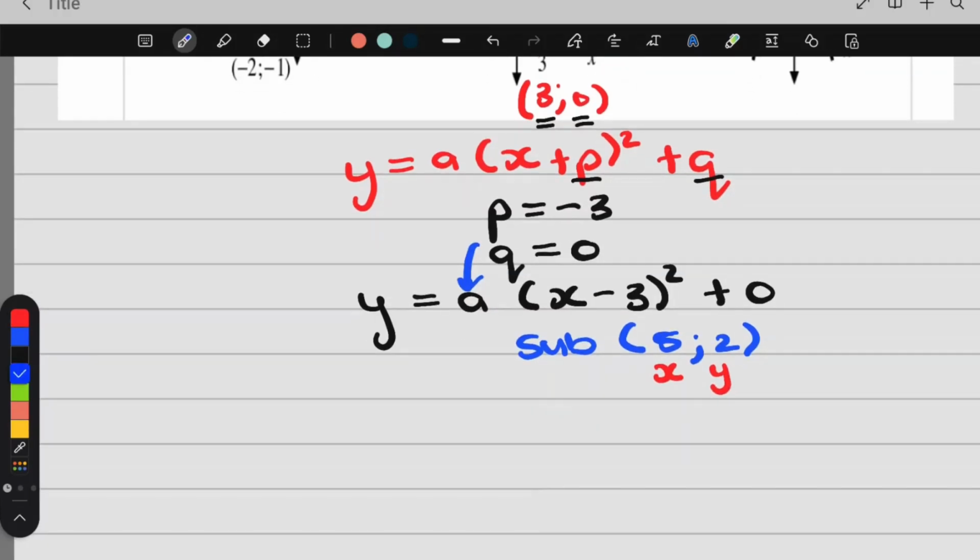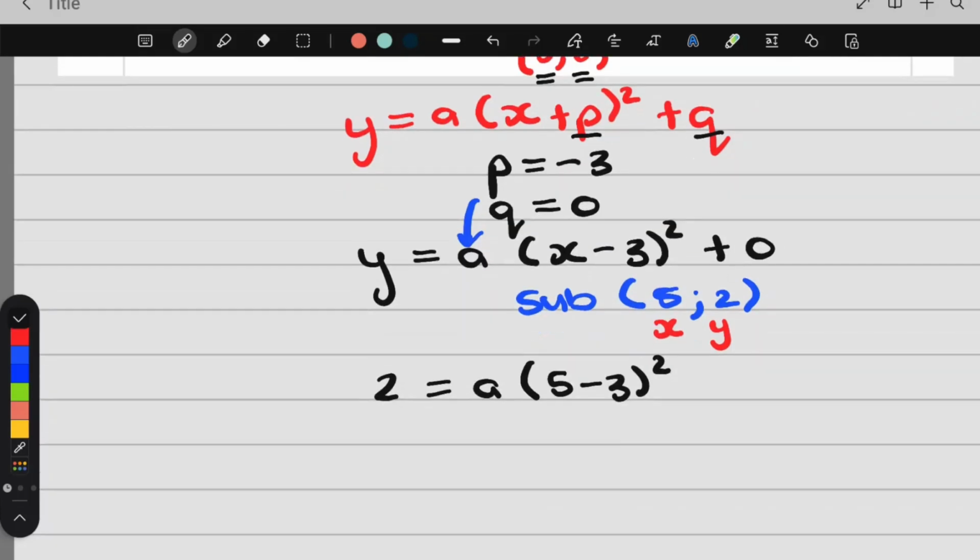So let's do that. So here I have a y. So this becomes 2 is equal to A. There I have an x. So this is 5 minus 3, everything squared. And I'm going to drop the 0 now. Don't have to write it. Okay, so this becomes 2. A, remember, not plus or minus. It's times the answer. So this becomes 4A.